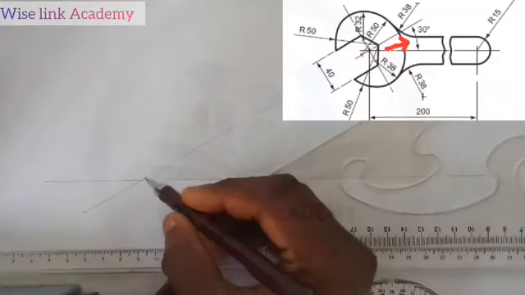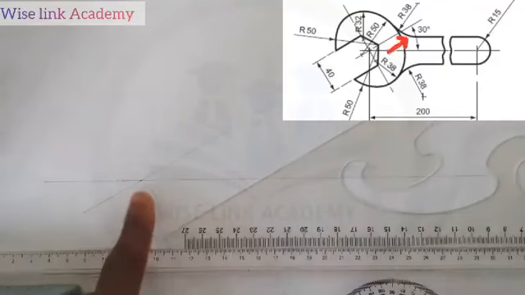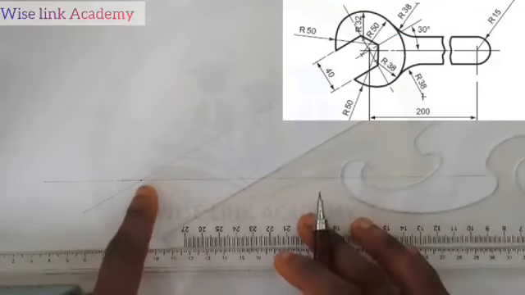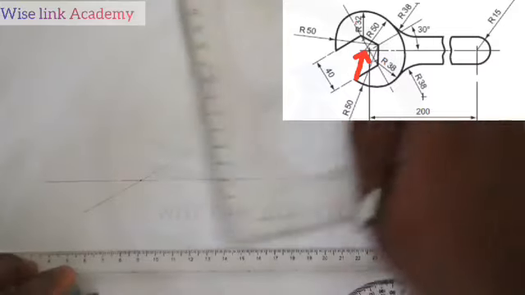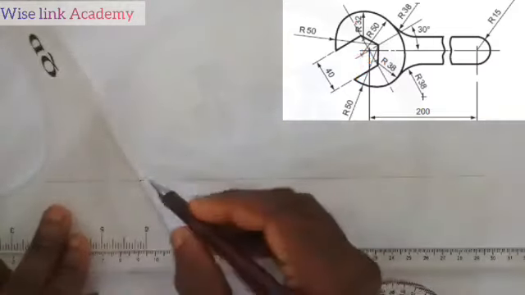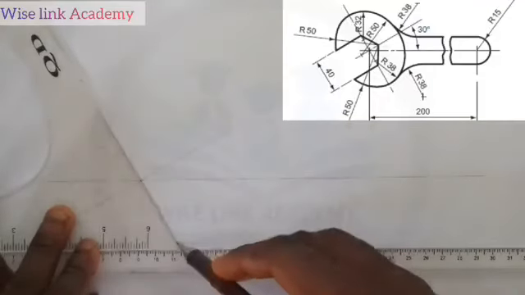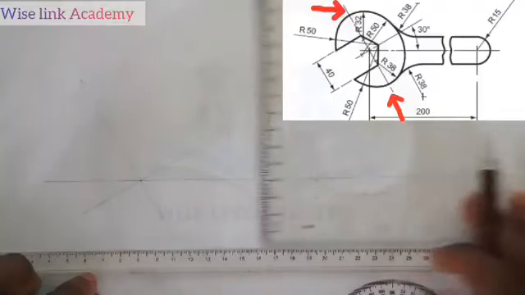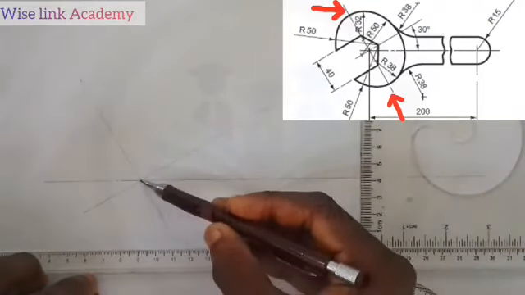Where they meet at this point is the point you are seeing my arrow indicating, such that I will place my t-square this way at this point and draw a line downwards this way. As you can see what I have now, this point is where you are seeing my arrow indicating.